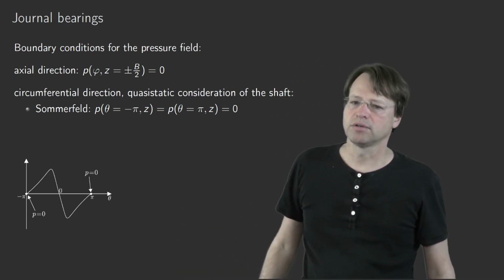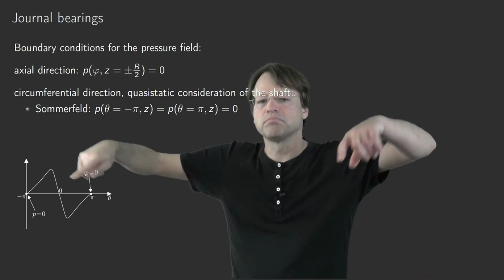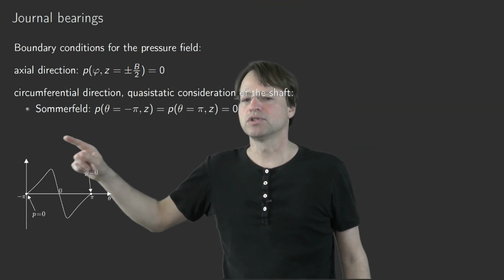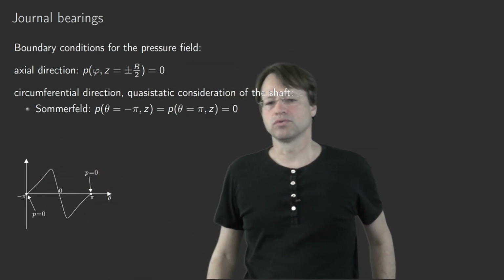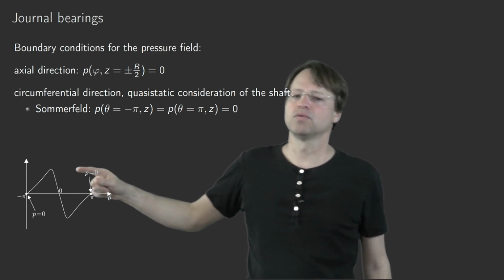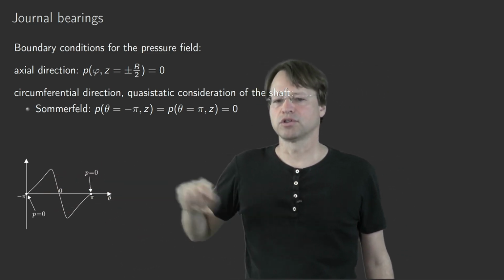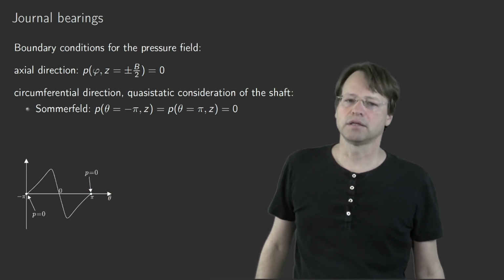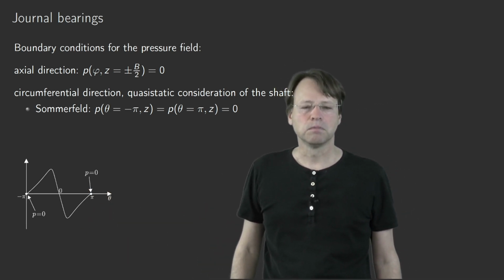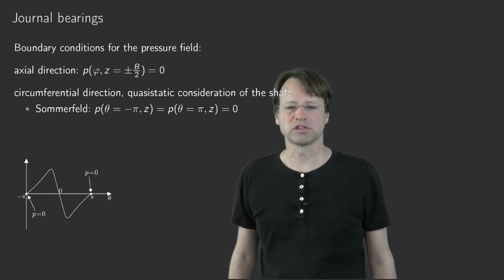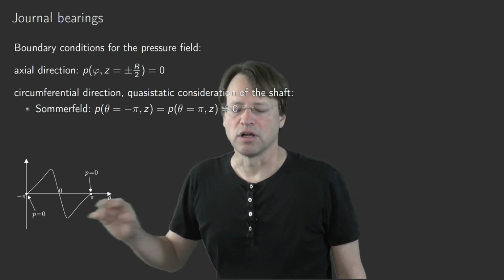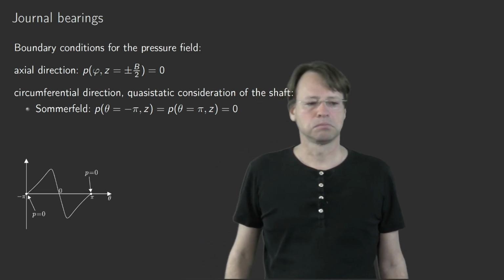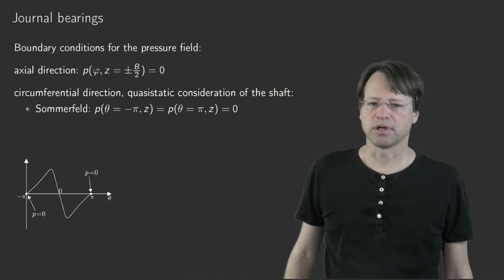According to the Sommerfeld condition, you set at the opposite point, so at the opposite end of the bearing, the pressure also to 0, leading to a pressure here in the convergent part and to a pressure valley in the divergent part. Well, I hesitate here a little bit because that pressure valley with negative values for the pressure difference can't exist in practice.